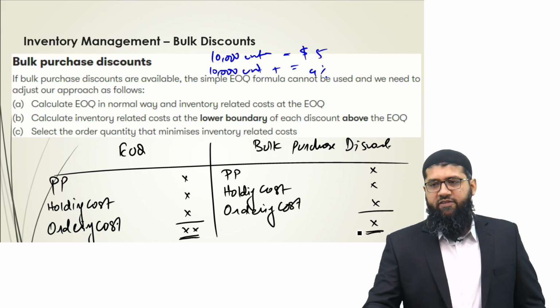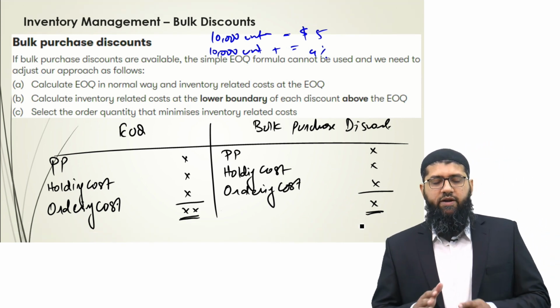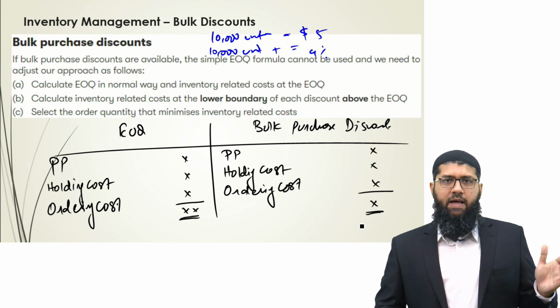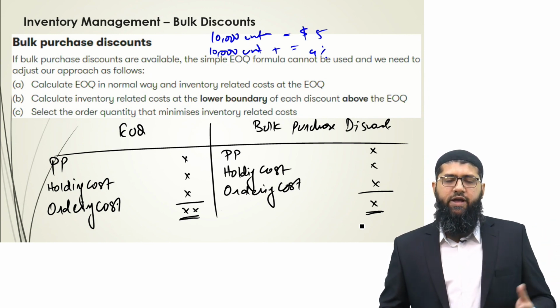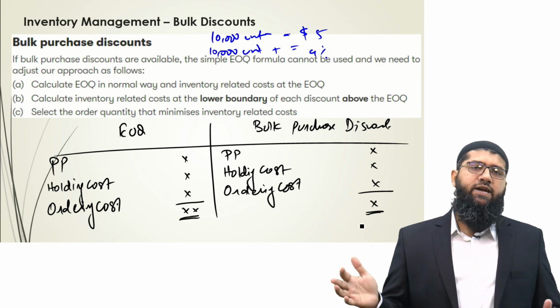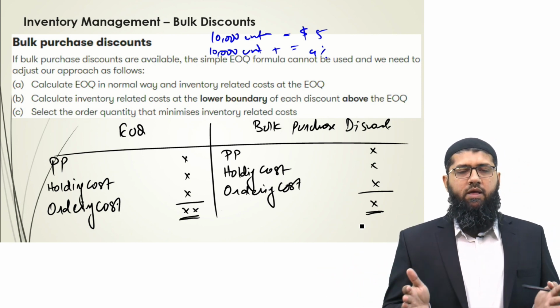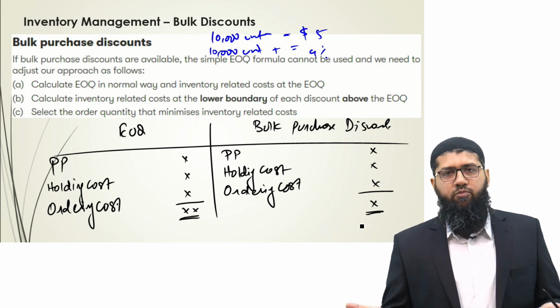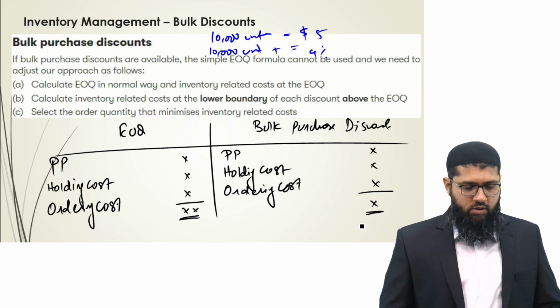So when you have such a situation, it's simply going to be a comparison. You would compare the total cost that you incur with the EOQ order size and the total cost that you would incur when purchasing in bulk. Whichever is the lower cost model, obviously you're going to go for that.